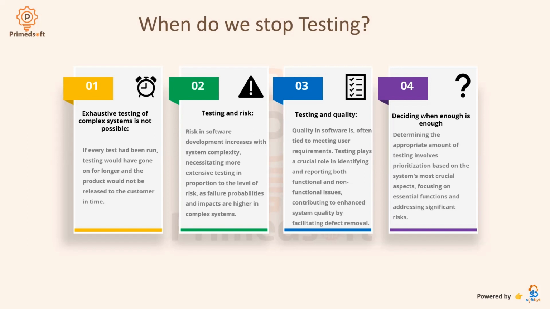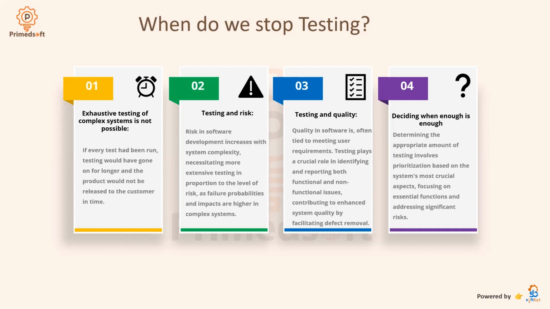So when the risk is high, you also need to test that particular feature or software more effectively, right, to ensure that the risk is being reduced, right? Because as I've mentioned earlier, once it's a complex system, the risk will be high. So you ensure you test properly, all right, to reduce those risks, right?